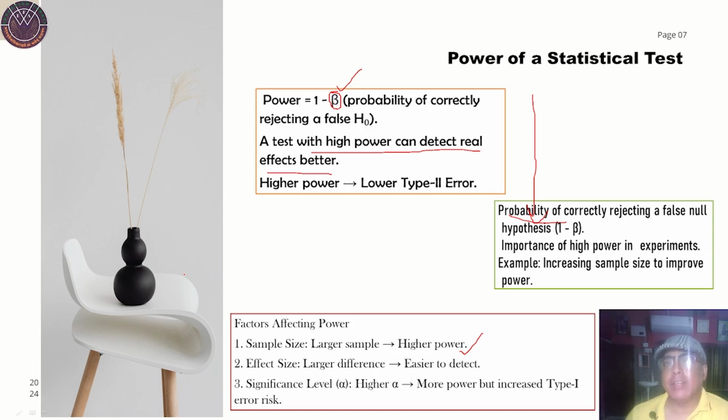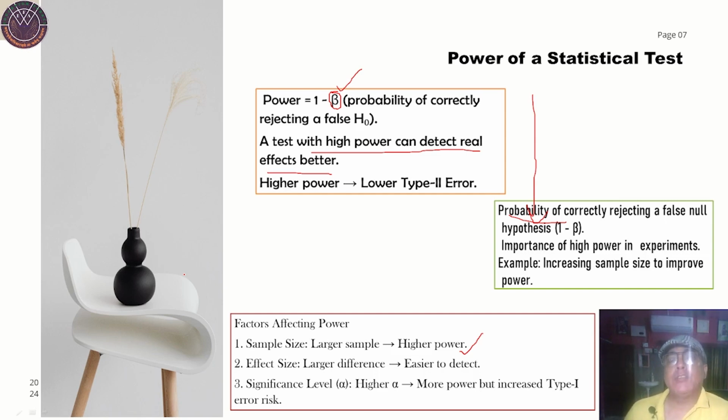If the general alpha is 0.05 or 5%, and you increase alpha to 10%, you are now taking a 10% chance to reject the null hypothesis. Null hypothesis should be rejected when it is false, and that is the power of the test.